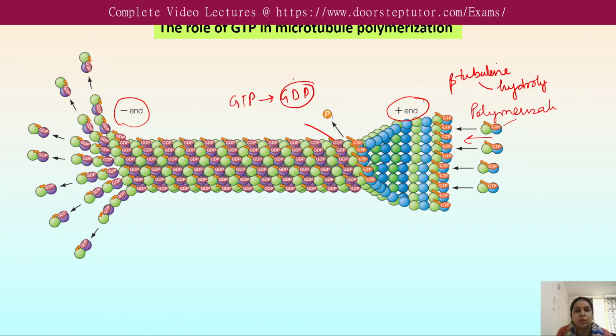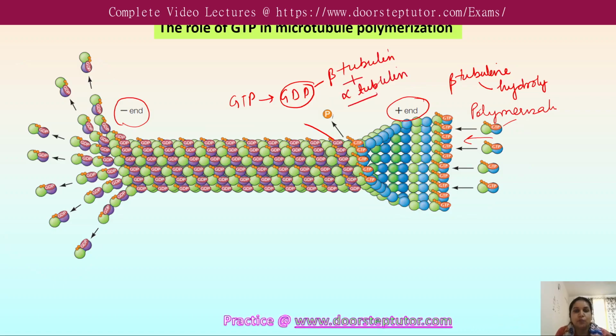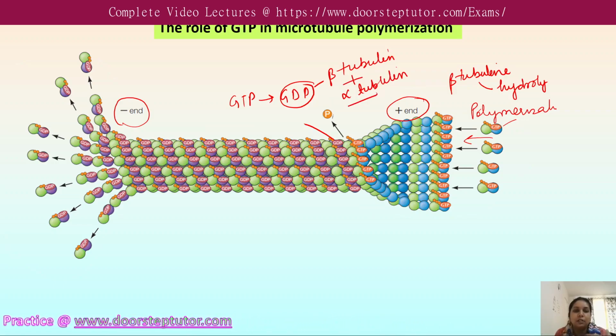When the GDP molecule is formed and attached to the beta tubulin, it forms a weak association with the alpha tubulin, and this weak association promotes depolymerization. That is why the dimers of tubulin dissociate from the negative end of the microtubule filament.